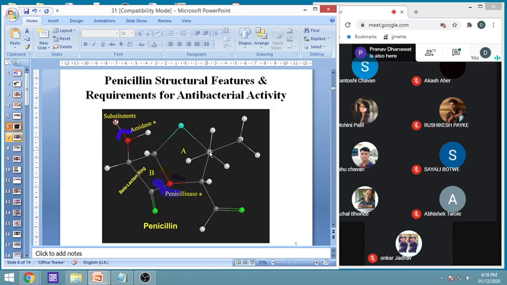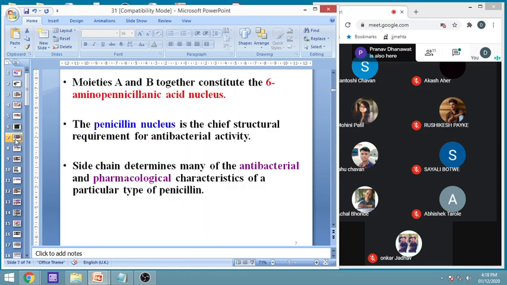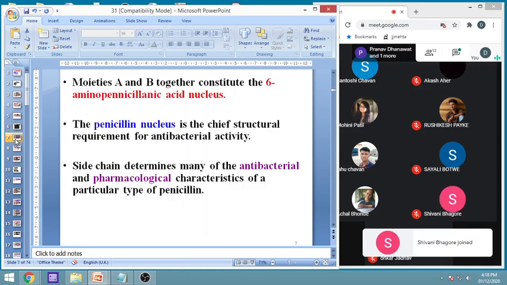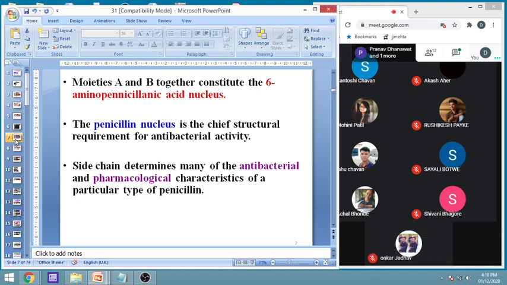So once this 6-APA is formed, then the other molecules are synthesized, and if we use this 6-aminopenicillanic acid as a nucleus, then we get other agents which we call semi-synthetic. On that basis we have the classification.